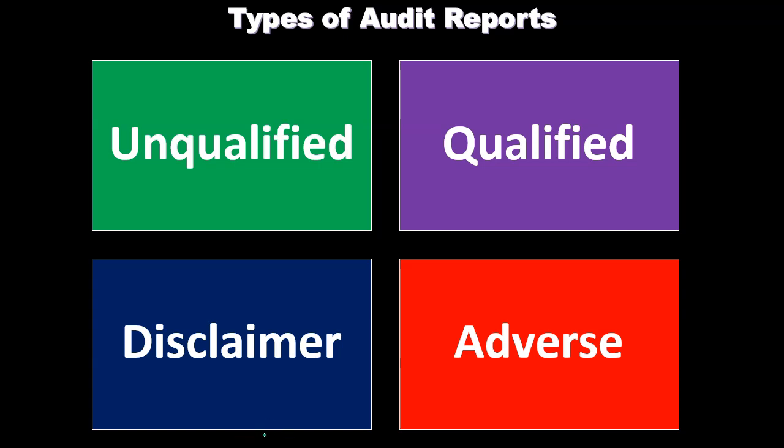But hopefully, we avoid this kind of situation at the front end, at the planning stage, by taking on clients with integrity and taking on engagements that we know we can complete, and that will hopefully limit the number of times that we might have a situation of disclaimer or adverse opinion, which of course is not good for anybody, because typically that audit report is going to be something that's not useful for the company, and it's going to take a lot of time to put together on our basis in terms of the audit information.